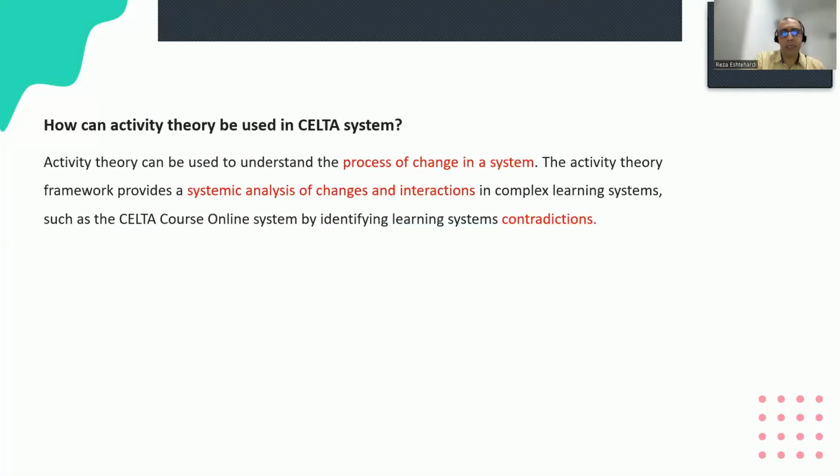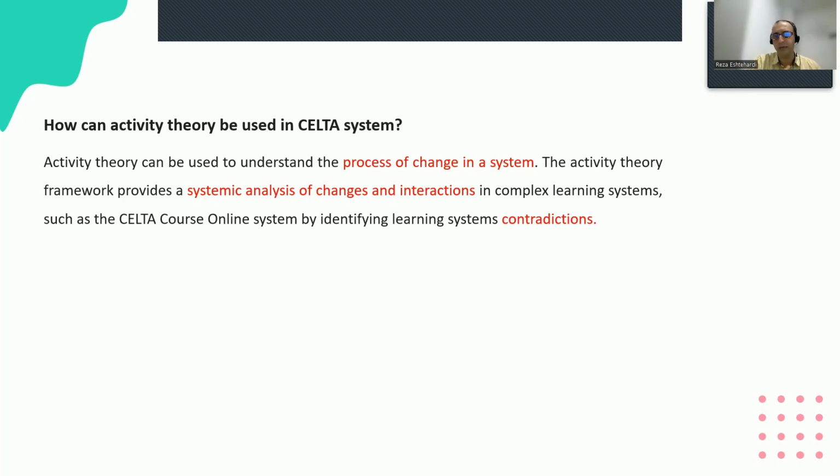The question is, how can activity theory be used in CELTA systems? That's a basic question I needed to answer. You see, there are some keywords here. Activity theory can be used to understand the process of change in a system. This is a very important phrase, actually, the process of change. Based on activity theory, any learning system is not static, and it's always in the process of change.